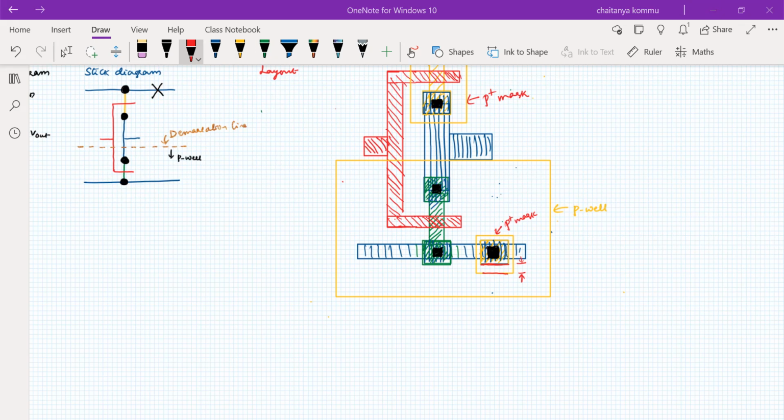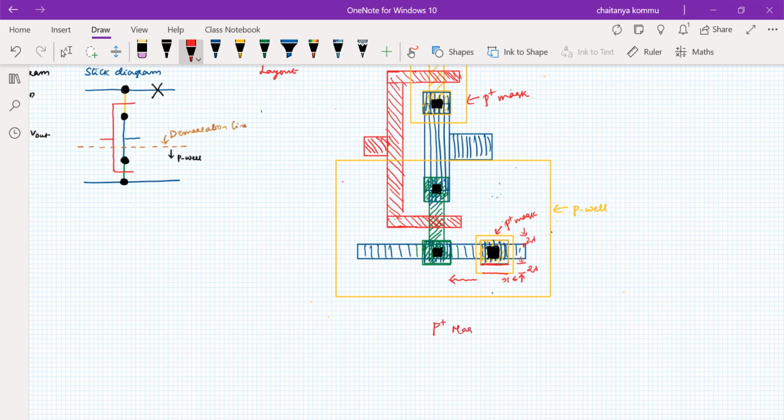Okay, so therefore here 2 lambda we have to maintain. Here also 2 lambda we have to maintain. Here also we have to maintain the 2 lambda. So except towards this contact side, there is no design rule. But in all the other directions, that means the top, right side, and bottom side, we have to maintain a minimum of 2 lambda from the overlap region for the P plus. Okay, so what is the design rule that we are specifically talking about?